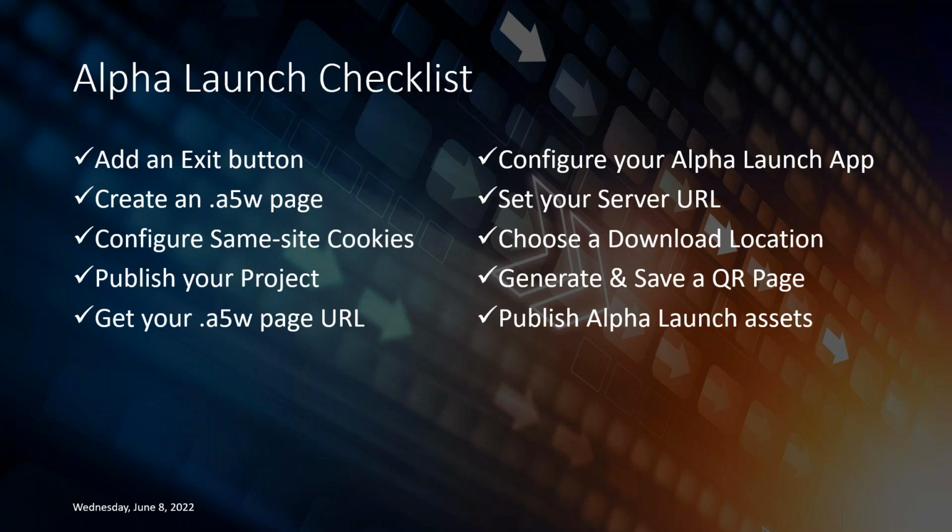And then also, when setting up your Alpha Launch app, do remember to also include any assets that are in addition to your UX component. So the core app for an Alpha Launch app is a UX component.